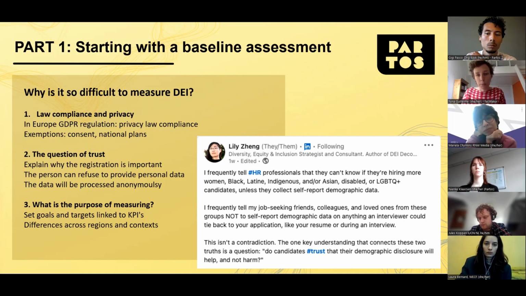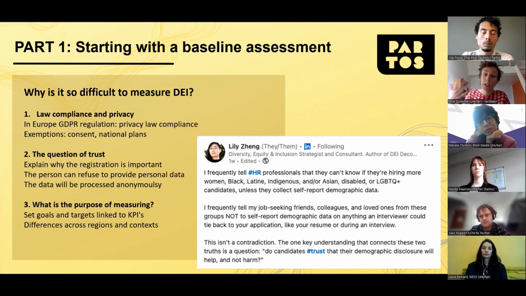So what is also important within your DEI strategy is to try to link your existing KPIs or indicators or objectives of your organization with your specific DEI strategy.